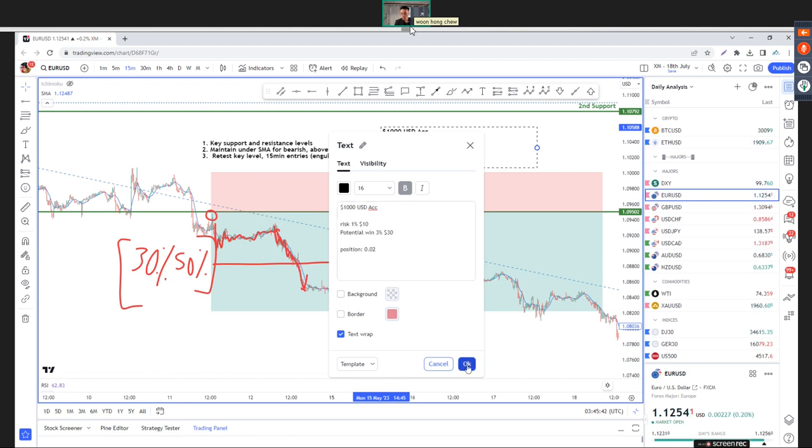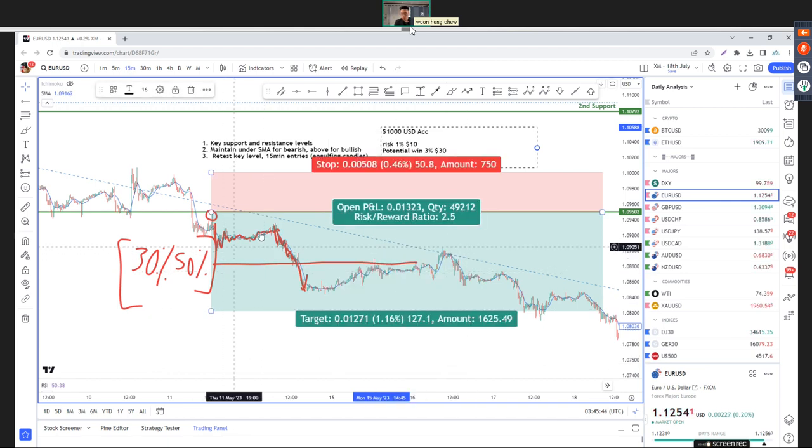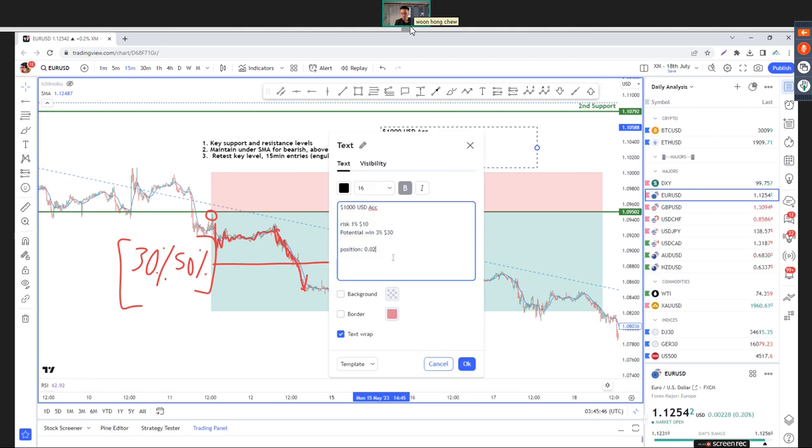Then let's say if it runs 1 is to 1, then you're in profit $10. But you close 50% and shift stop loss to break even.